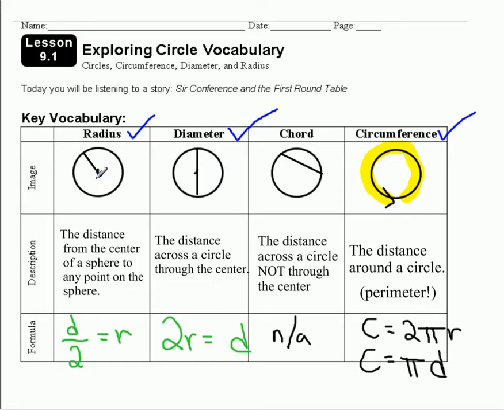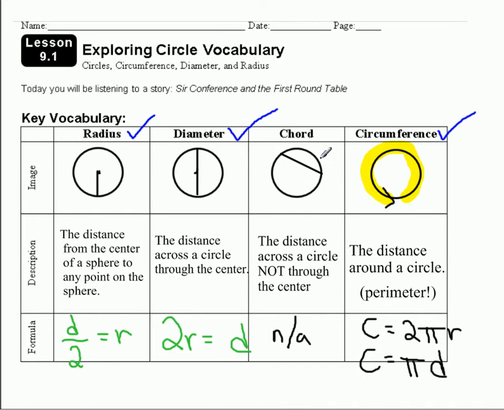And her son's radius only went halfway. I'll draw it even clearer for you. My line is only going to go the way radius went, from the center to the bottom. He was a little shorty, so he only went halfway up the table. So those are the three vocab words you should absolutely know.